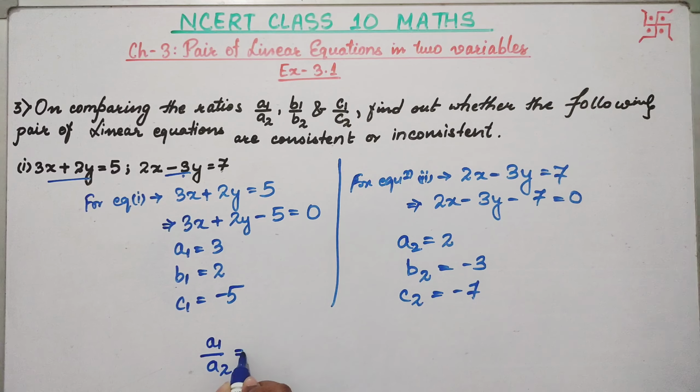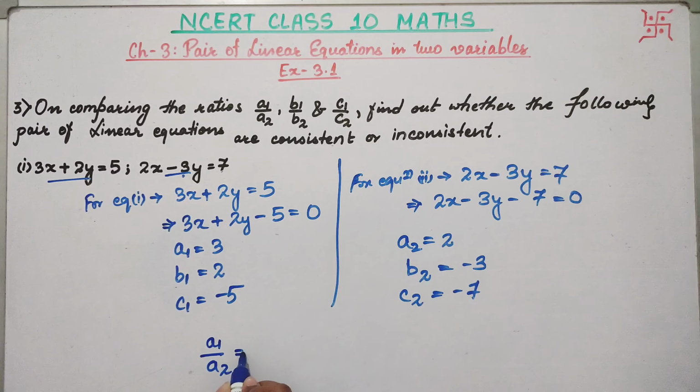Again, for 2, 4x minus 6y equals to 9. After rearranging, 4x minus 6y minus 9 equals to 0. Here a2 equals to 4, b2 equals to minus 6 and c2 equals to minus 9.